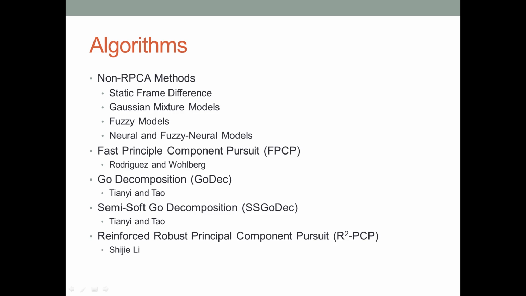For the different models that incorporate the robust PCA, we have fast principal component pursuit by Rodriguez and Wohlberg, both GoDec and semi-soft GoDec by Zhou and Tao, and finally, the one that I'll be talking about is the reinforced robust principal component pursuit by Dr. Lee of the University of Florida.